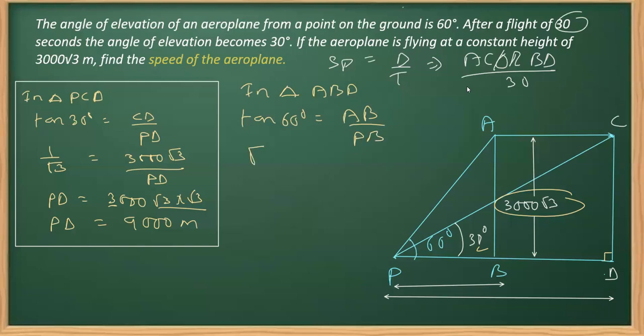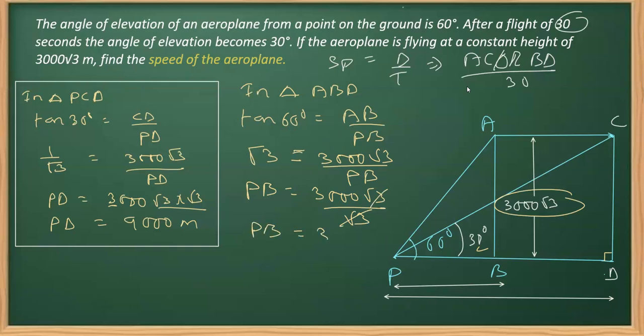Tan 60, whose value is root 3, equals AB, which is mentioned in the question as 3000 root 3, divided by PB. Now, by cross multiplication, we'll get PB is equal to 3000 root 3 divided by root 3. So this gets cancelled. So we got PB as 3000 meter.